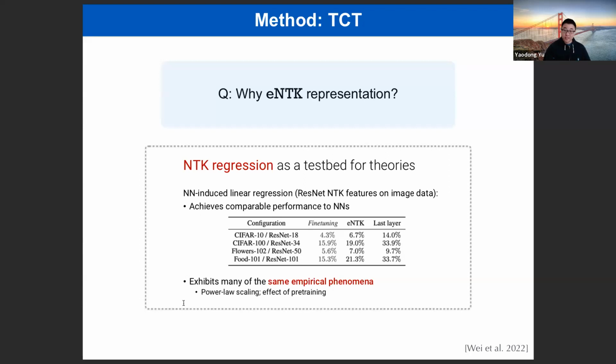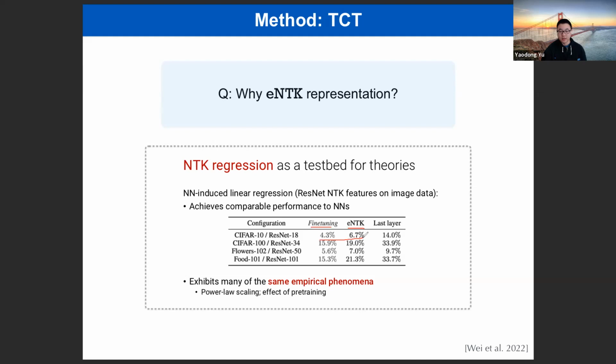This is very nice work from one of the collaborators of this paper, Alex Wei. Alex has a pretty nice paper last year at ICML. They look into the ENTK representations and compare ENTK versus fine-tuning versus last-layer retraining. They found that ENTK can approximate fine-tuning pretty well in terms of final accuracy.